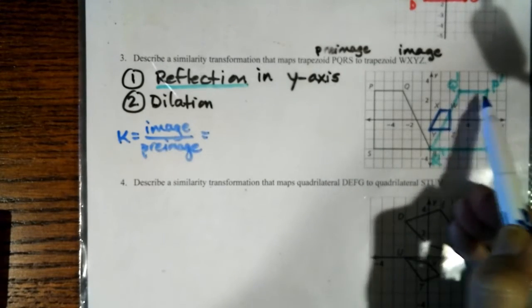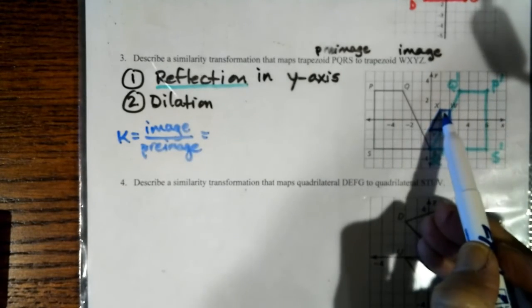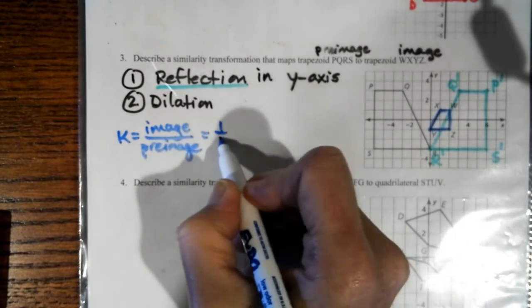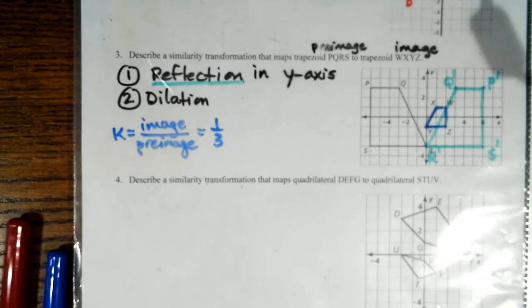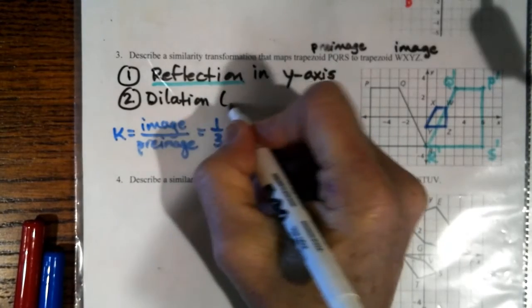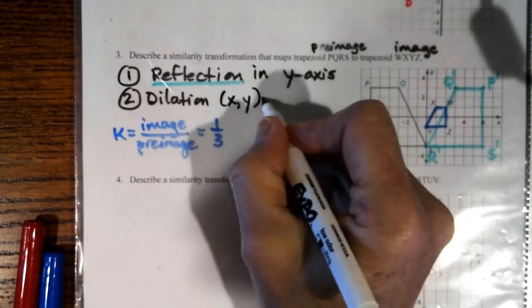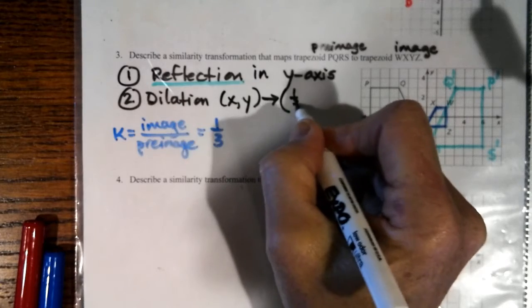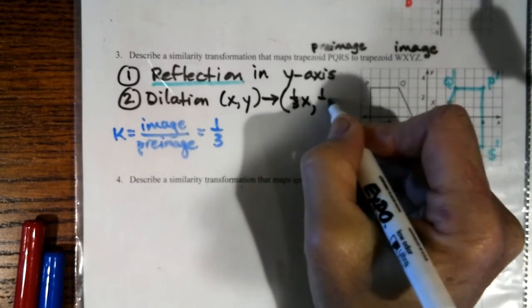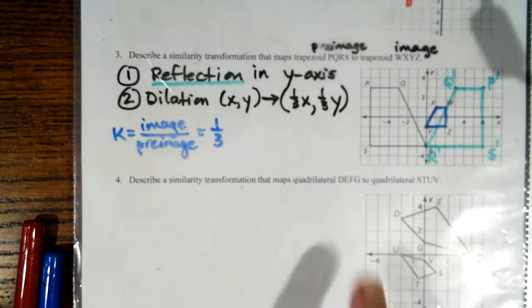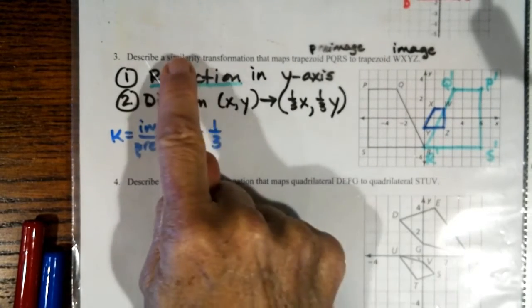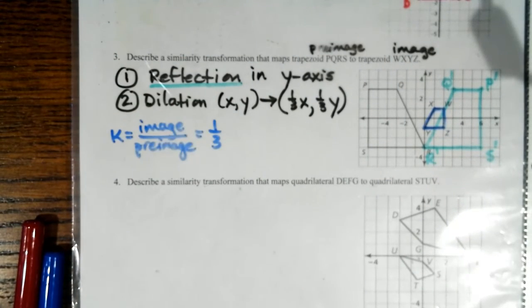So see how QP is 3 and XW is 1? That tells us we have a dilation of 1/3, which means, here's the rule. Bam. That's it. That's your description of a similarity transformation.